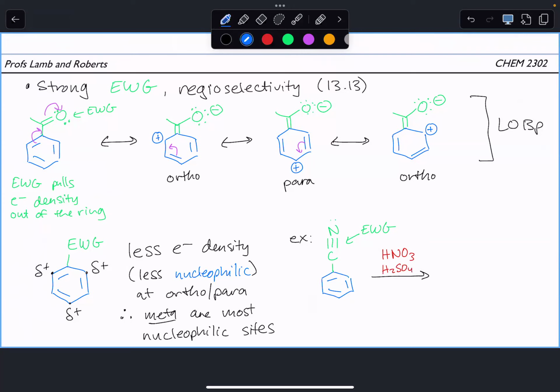So now in this case, our electron withdrawing group is going to stay on the top, and we're going to get the meta product. For meta, there's only one, because if you put it on the other side, it's equivalent. It's the same.